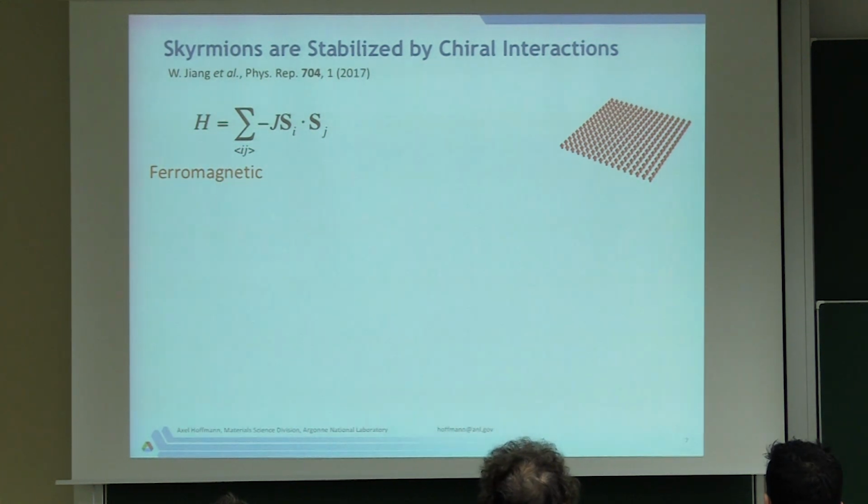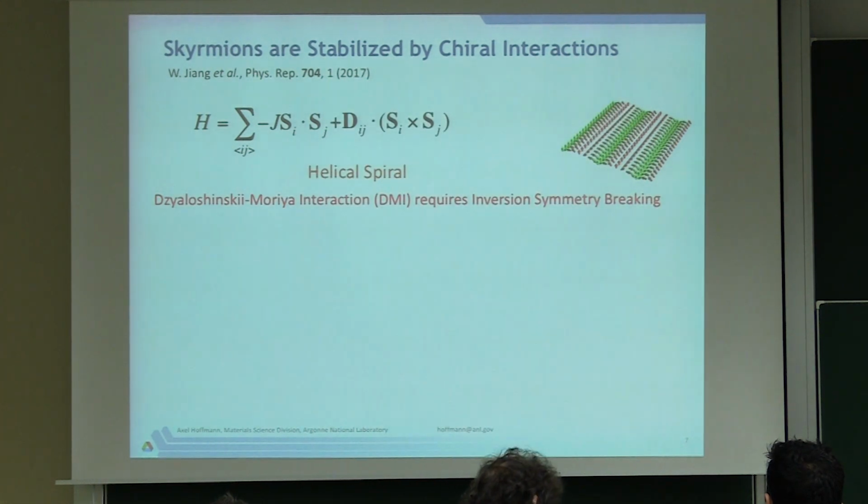This is something we all know reasonably well. Now, if you have a material where inversion symmetry is broken, then you can also have another type of exchange interaction between neighboring spins that depends on the cross product. This is known as the Dzyaloshinskii-Moriya interaction, or the asymmetric exchange interaction.